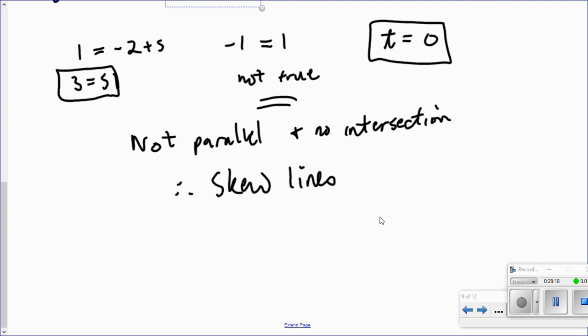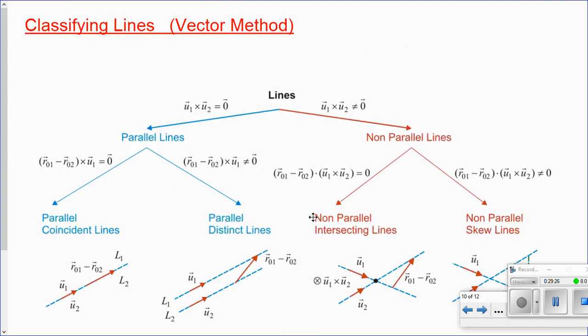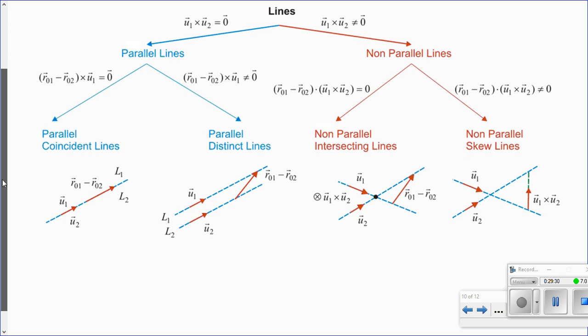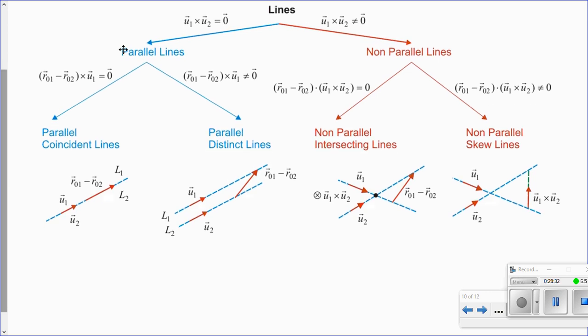That's 4 examples, 4 different situations that allow us to deal with the way 2 lines interact with each other. Classification using vectors, I'm going to leave this up here. If you'd like to jump in and do cross products, I'm not sure anyone does, but we can say if the cross products are 0, they're parallel lines, and if the cross products aren't 0, they're non-parallel.